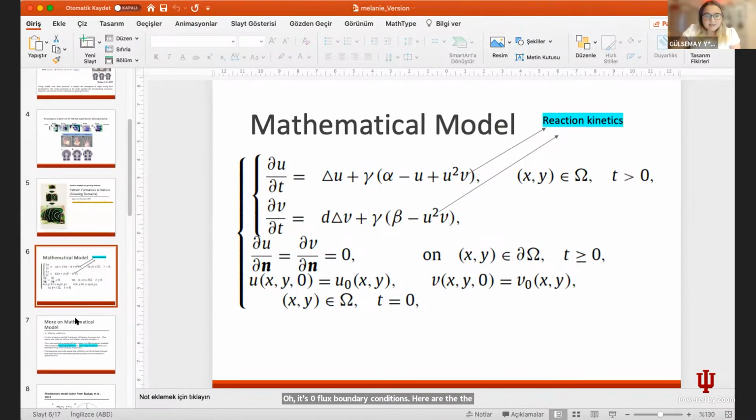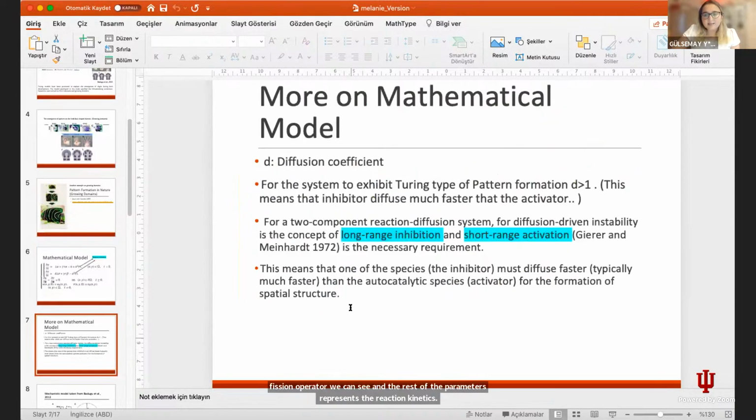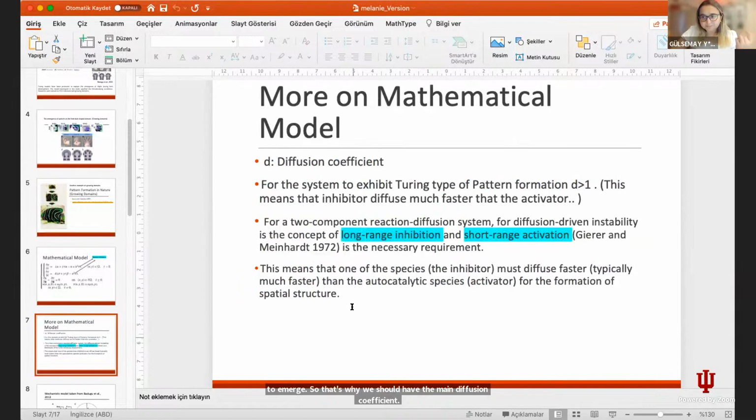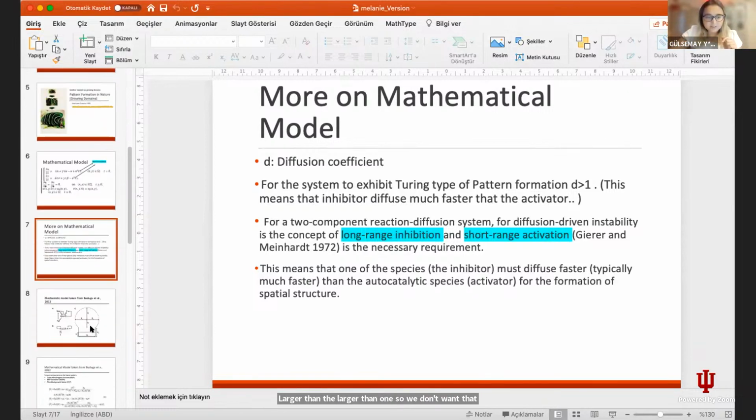About this model, again, long range inhibition and short range activation is a requirement for patterns to emerge. That's why we should have the diffusion coefficient ratio larger than 1. We don't want them to diffuse at an equal rate. That's the idea behind it.